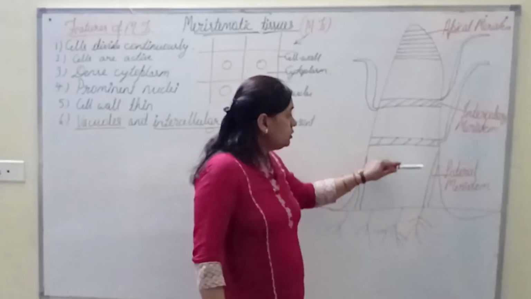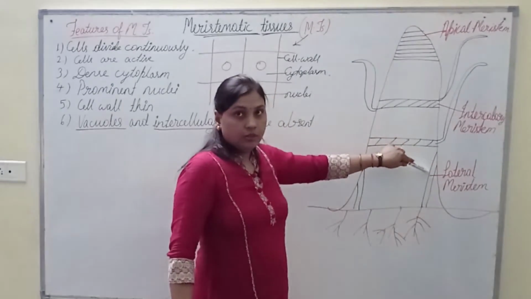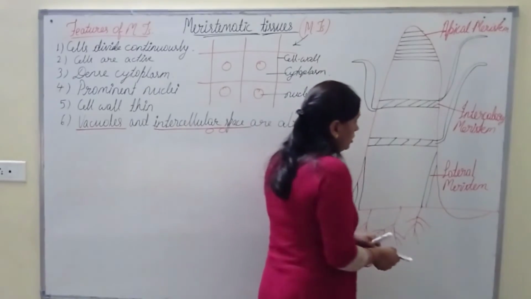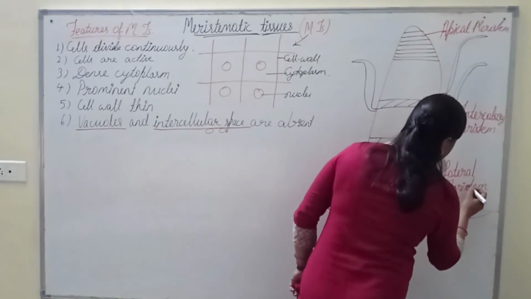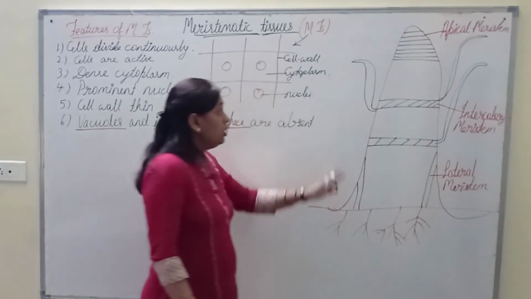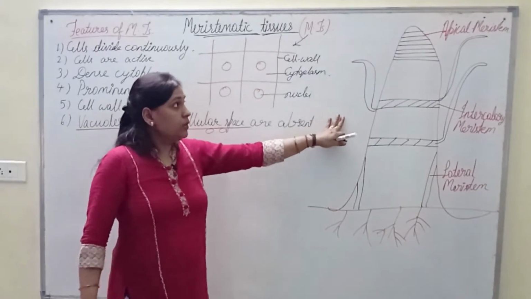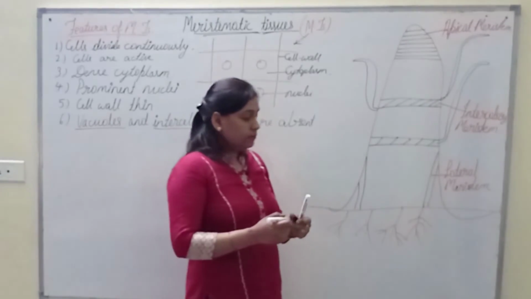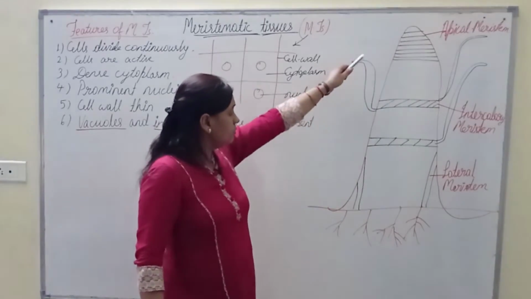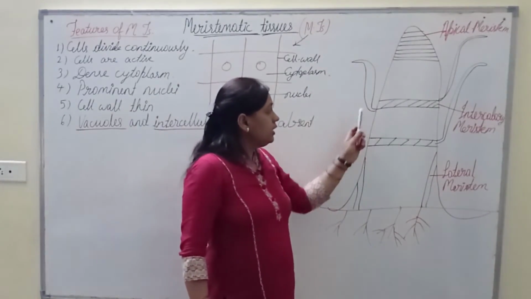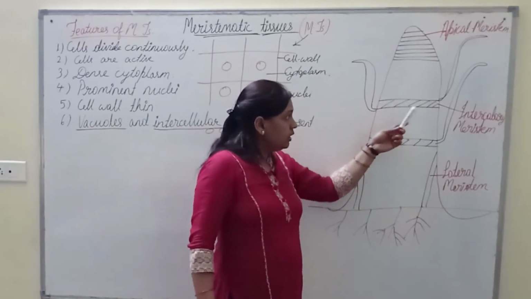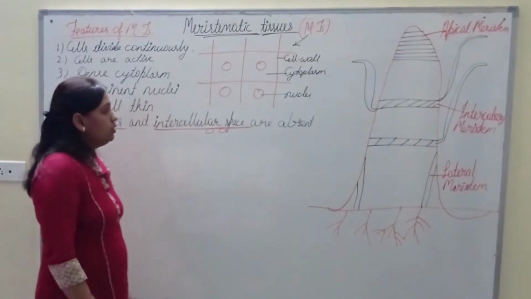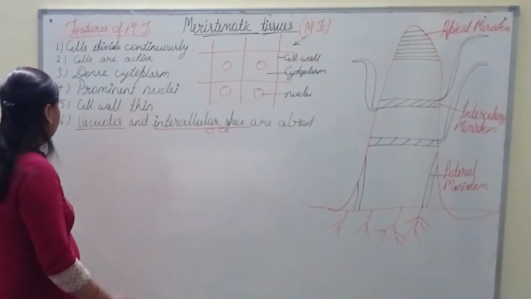So this plant is divided into shoot and root system, and apical meristem is always found at the tip of the shoot and the tip of the root. Intercalary meristem is found at the node and the base of leaves, and lateral meristem is found beneath the bark of the tree.